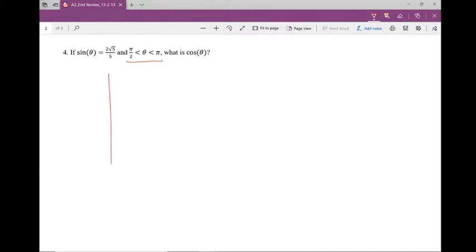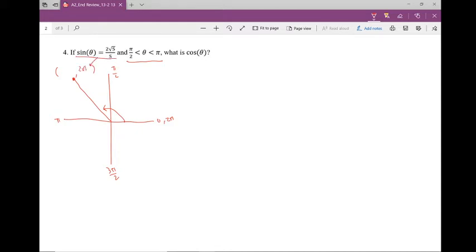So that tells me that this theta is going to be somewhere in quadrant 2. And here, we're going to have a coordinate for which we actually know the y value.